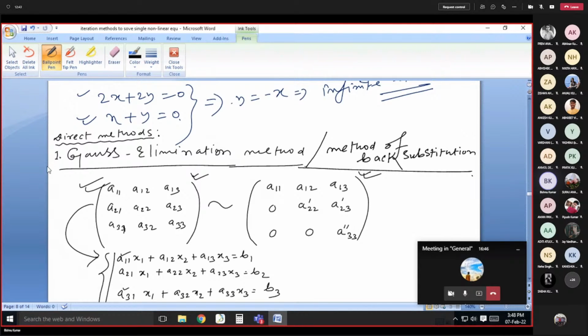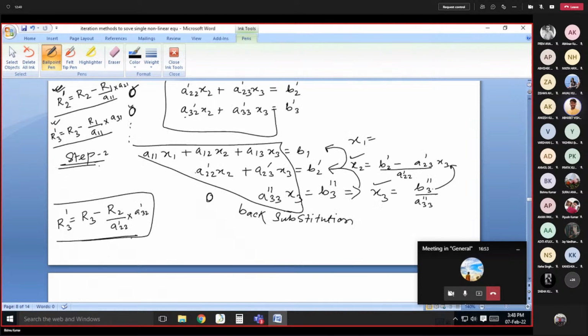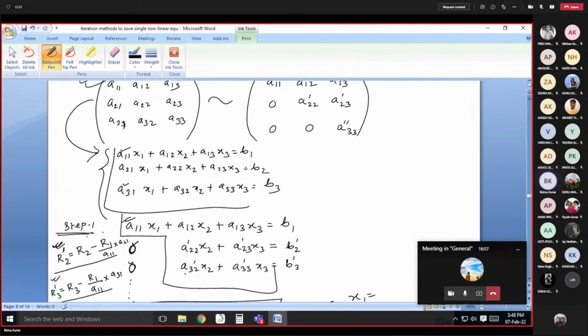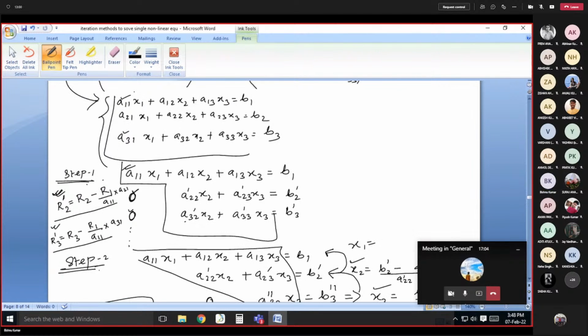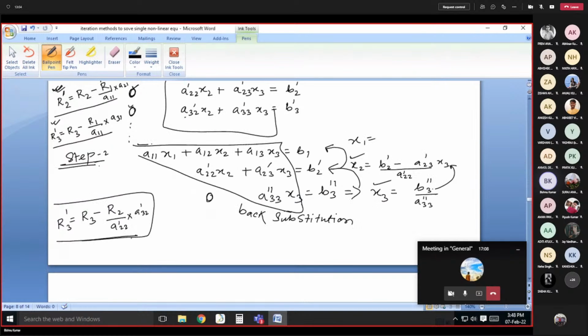You understood this? So can you explain the last part once more? After doing the elementary operations, you are transforming the original system into the upper triangular system. In that upper triangular form, in the last equation only the last variable is there.